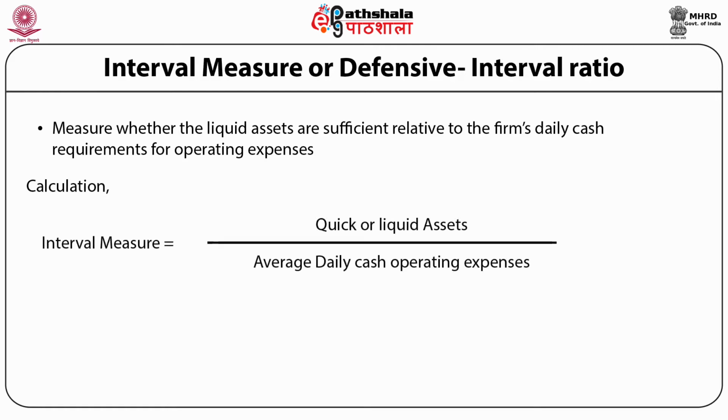Interval measure is equal to quick or liquid assets divided by average daily cash operating expenses. Quick assets include cash, short-term securities, plus any types of receivables.